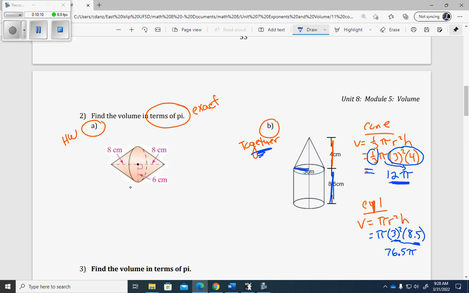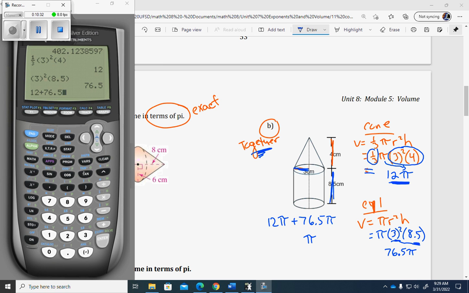I do have to put them together, so I will do 12 pi plus 76.5 pi. This is like combining like terms, actually. So I will just combine the numbers and pi will stay in my answer. You can see I typed in 12 plus 76.5.